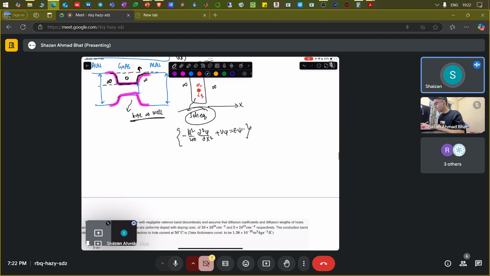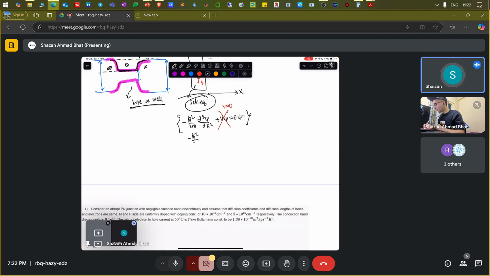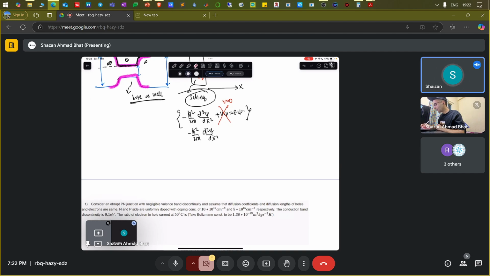If you consider the potential inside to be zero, this term will go because the potential is zero. Now what you have to solve is minus h bar square by 2m dou square psi over dou x square equals E psi. You bring this term to this side, maybe that will make the problem easier. You write it as dou square psi over dou x square plus twice mE divided by h bar square psi equals 0.